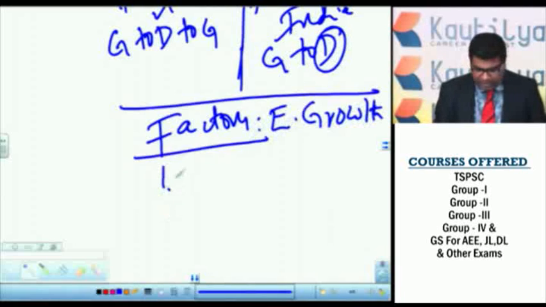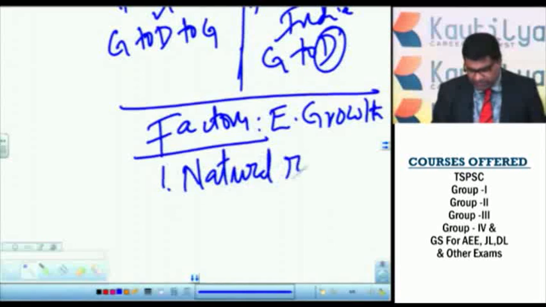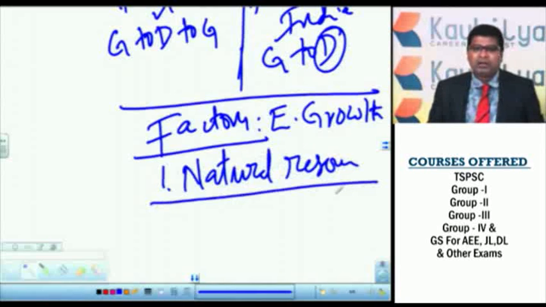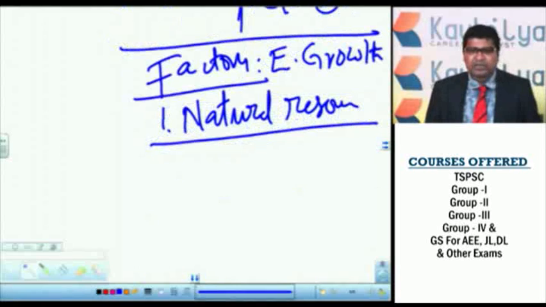Number one, availability of natural resources, meaning physical resources. According to a traditional opinion, the more the natural resources, the more will be the wealth or progress in the country. But it is not relevant to countries like India.